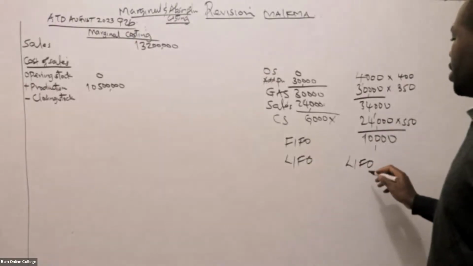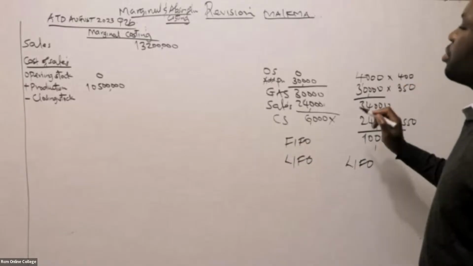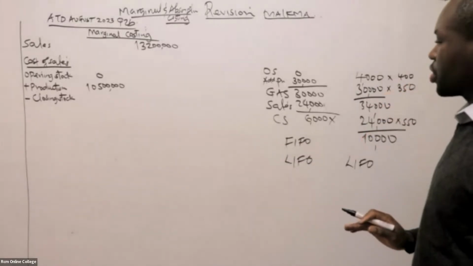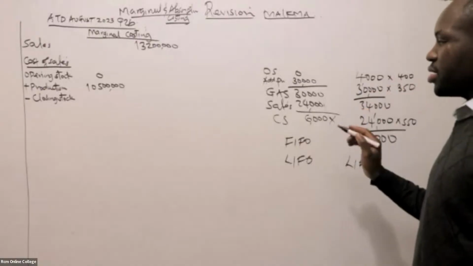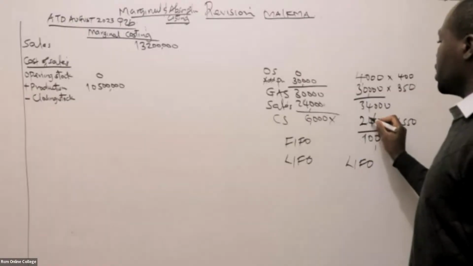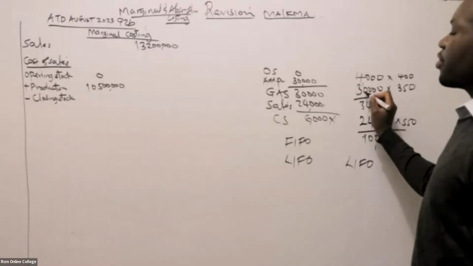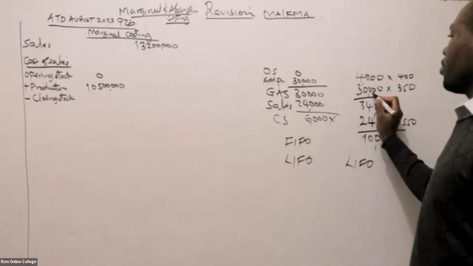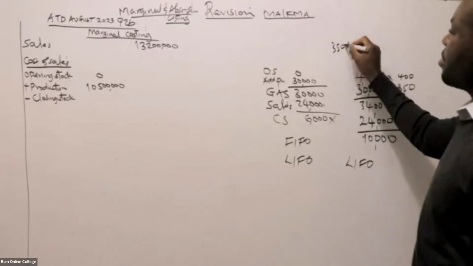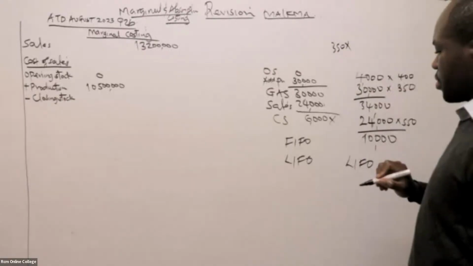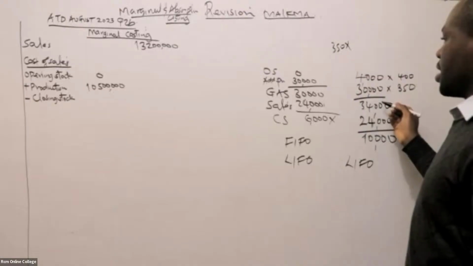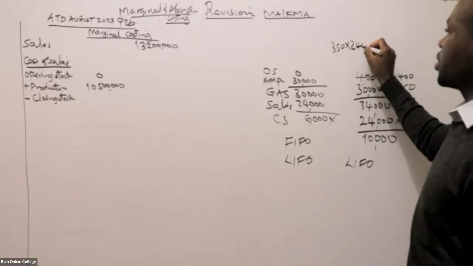So whatever was produced will be sold first before we sell the opening stock. For the cost of sales of the 24,000 units that were sold, the entire 24,000 units came from what was produced during the year. So the cost of what was sold is basically 350 times the units that were sold, which is 24,000.